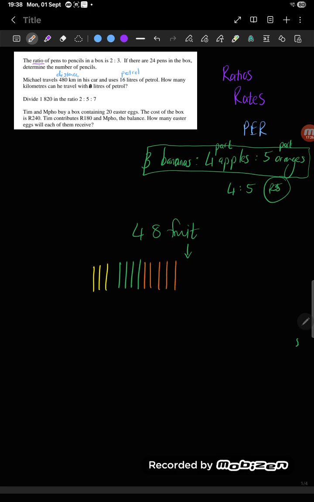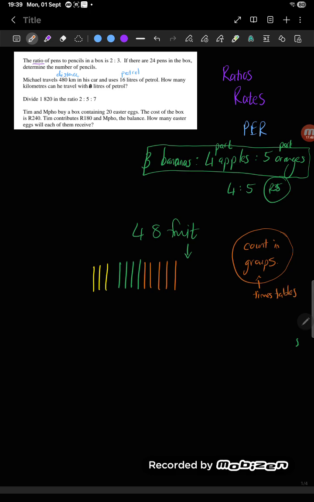How many fruit do I have all together in this bundle? So that I don't have to count one by one, I can count in groups. Counting in groups helps me a lot. Okay, we like to count in groups. That's what times tables are.